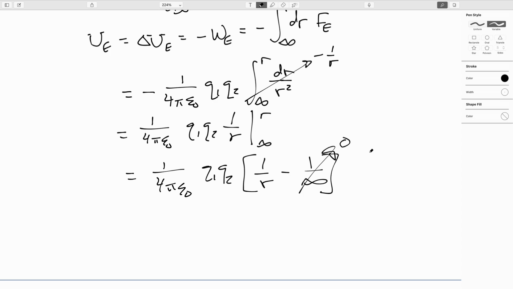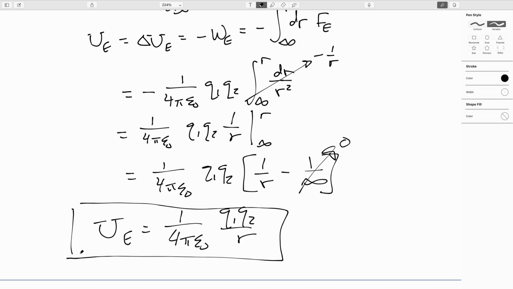In any event, when we rearrange it all, we get that our potential energy function is, as advertised, 1 over 4 pi epsilon naught Q1, Q2 over r. And again, we keep in mind that we made the choice to set the potential energy to 0 at infinity.